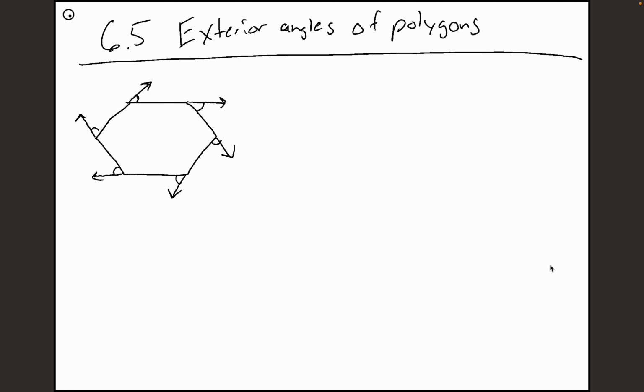Okay, here's where I need you to pay attention. When we are talking about exterior angles, the exterior angles of any polygon add up to 360 degrees. Any polygon.